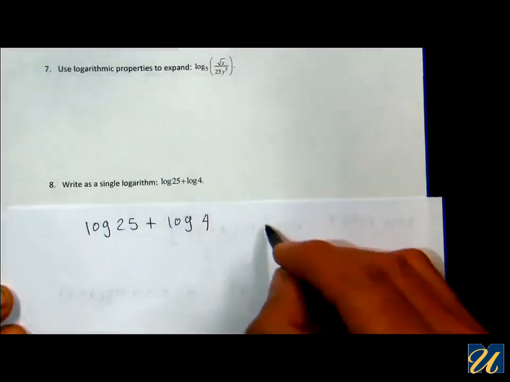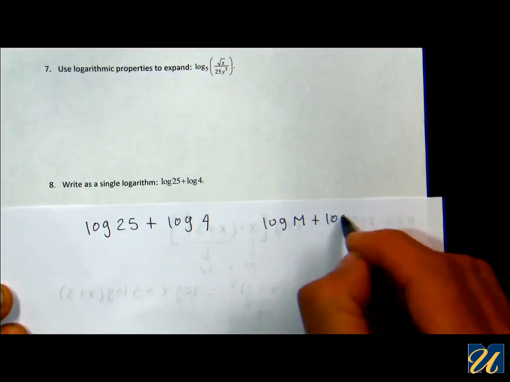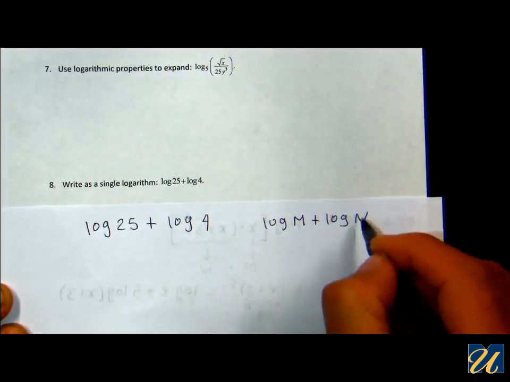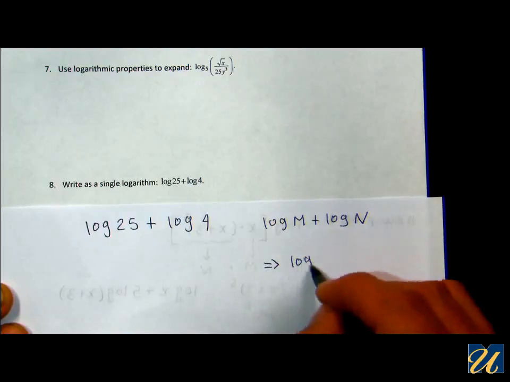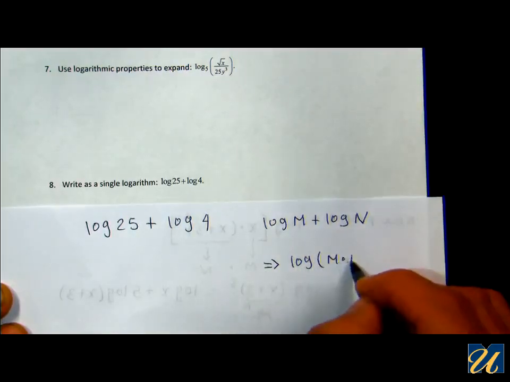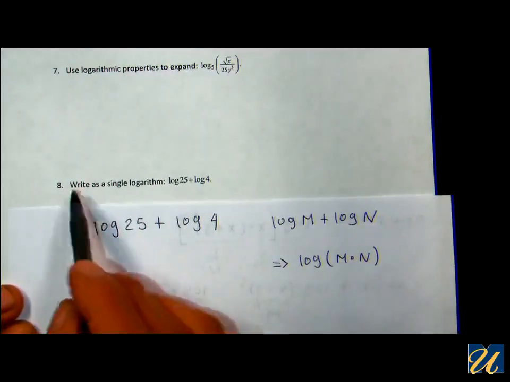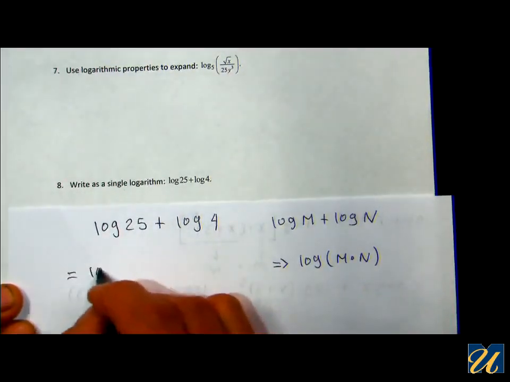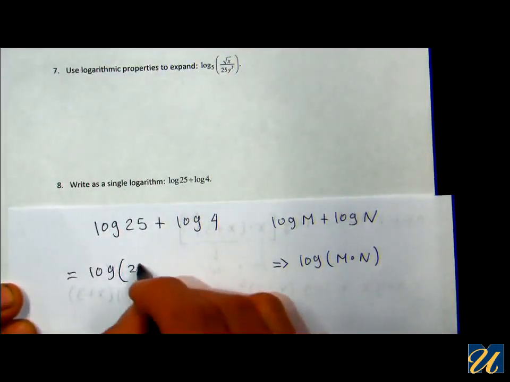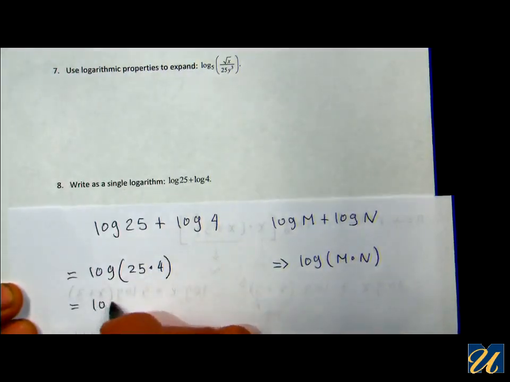Okay, well this is a version of log m plus log n, which by the property gives us the log of the product m times n. So this is condensing. That's why it says write as a single logarithm. So this is the logarithm of 25 times 4, which is the logarithm of 100.